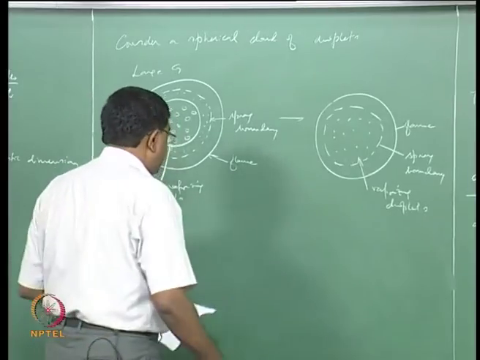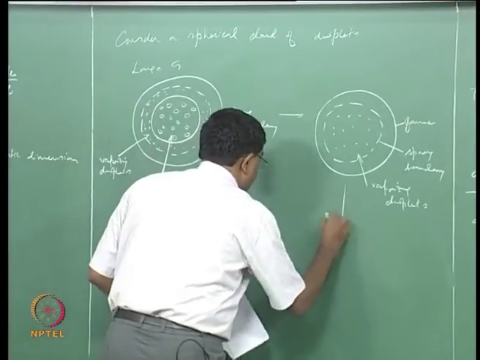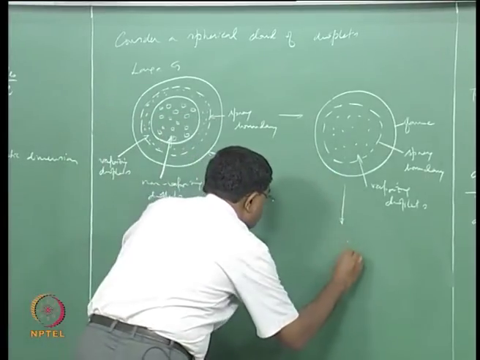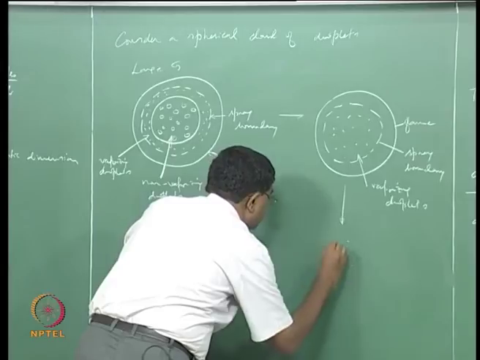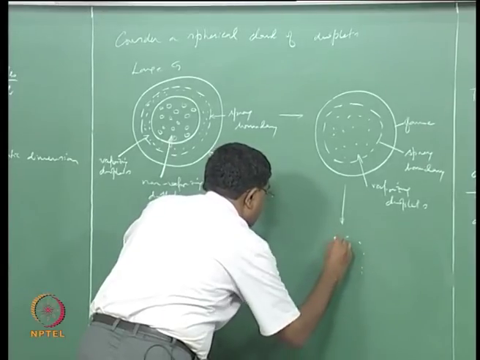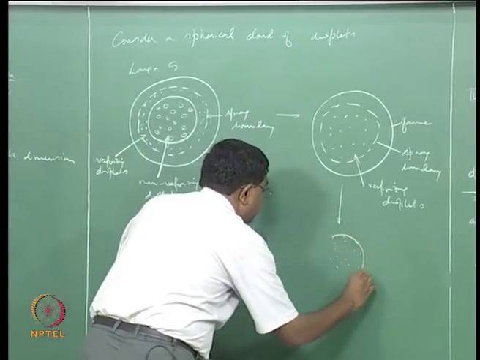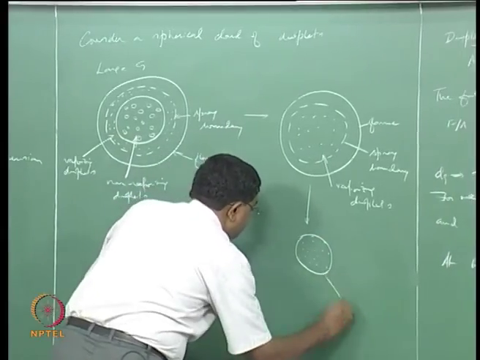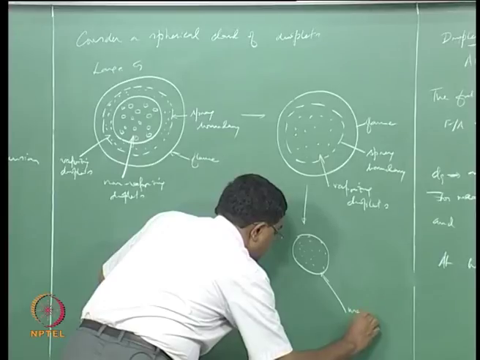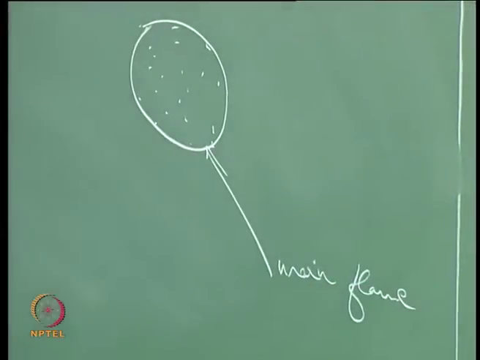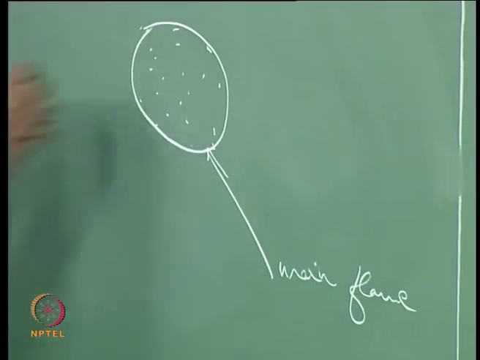So that gets us to a situation where let us suppose that you now have this picture of vaporizing droplets in the middle, and still it is not the spray boundary. You actually have the main flame. Now we have to distinguish between main flame and individual droplet flamelets for those that are burning outside this.